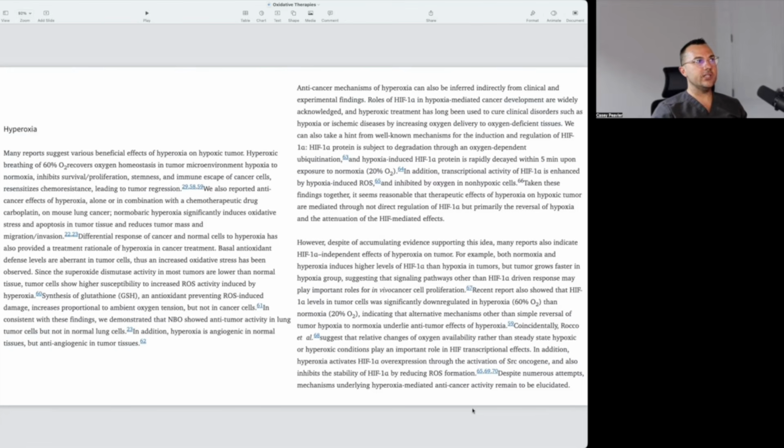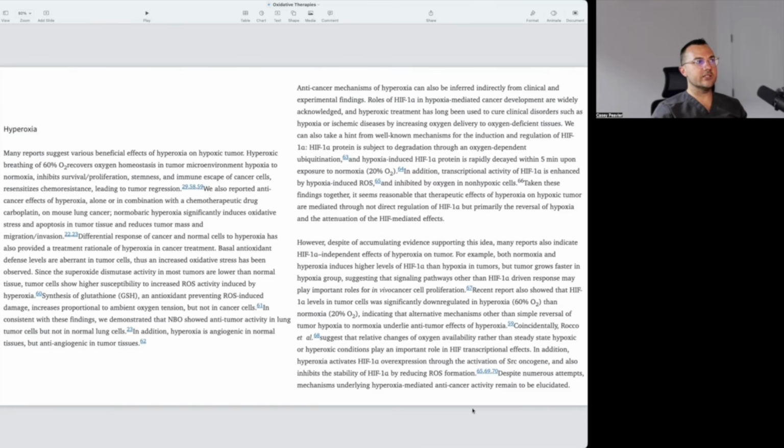HIF-1 alpha protein is subject to degradation through an oxygen-dependent ubiquitination, and hypoxia-induced HIF-1 alpha protein is rapidly decayed within 5 minutes upon exposure to normoxia, 20% oxygen. In addition, transcriptional activity of HIF-1 alpha is enhanced by hypoxia-induced ROS and inhibited by oxygen in non-hypoxic cells.